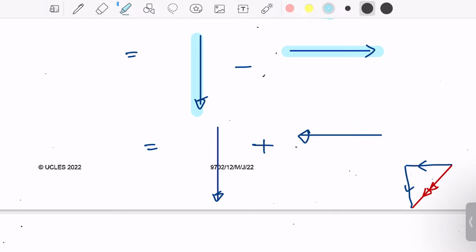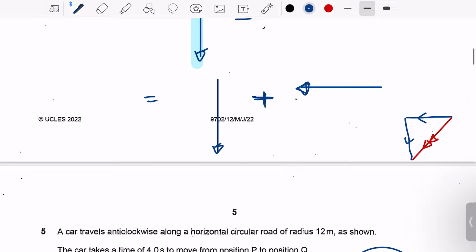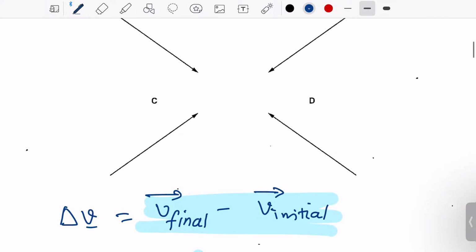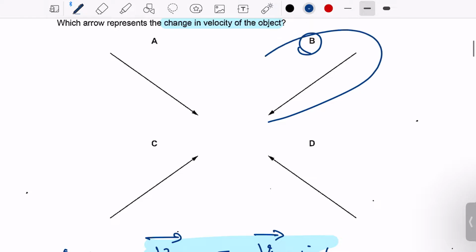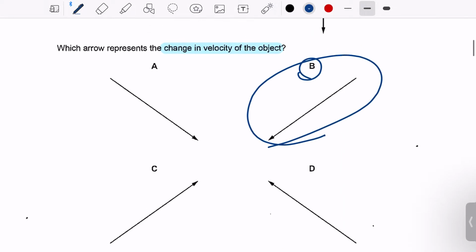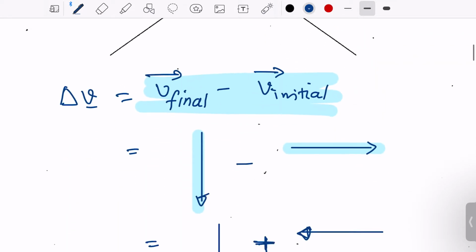By changing the direction of this vector, I can make this one positive. So it means they are actually asking what is the addition of these two vectors. It is in this direction, which is the northwest direction. So let's find which answer has a northwest type of direction. That is answer B. So the answer for question number 4 is B.